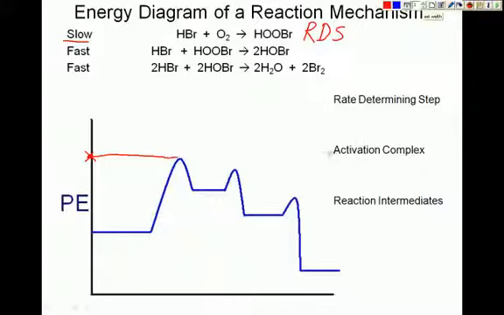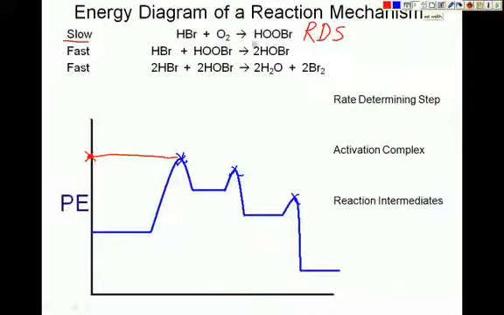Now, as we remember from before, the activation complex is the top of each of the activation energies. So the activation complexes are right here, here, and here. Now, our reaction intermediates are the products that are made in the middle steps.